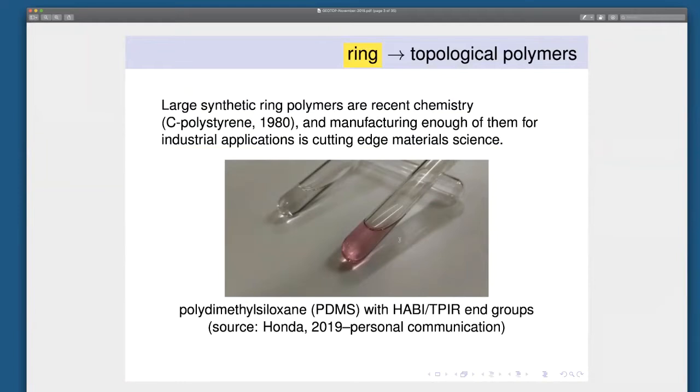So same concentration, same chemicals, same end groups, same everything, except on the right the end groups are bonded together, so you have rings, and on the left the end groups are not bonded together, so you have linear chains. And there's really no solvent here. So this is almost pure polymer.